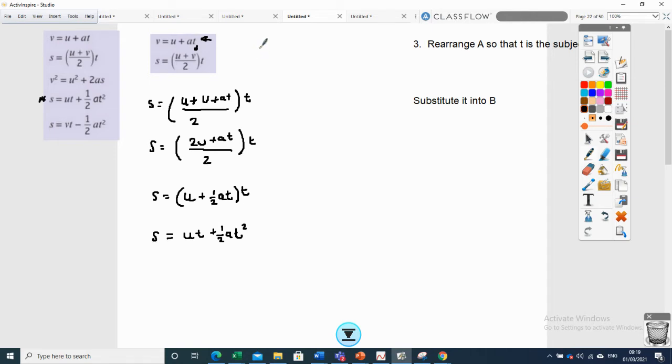Now the other thing we could do is substitute u into here, so we can eliminate u. What we need to do first is rearrange so u is the subject. So u is equal to v minus at. We're now going to substitute that in for this u here. Let's use a different colour. s is equal to v minus at plus v.